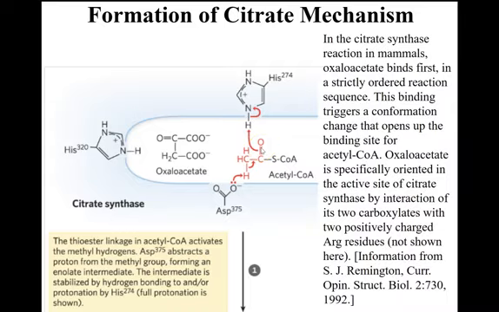Also note that oxaloacetate is specifically oriented in the active site of citrate synthase by interaction of its 2 carboxylates with 2 positively charged arginine residues, which are not shown in this figure.